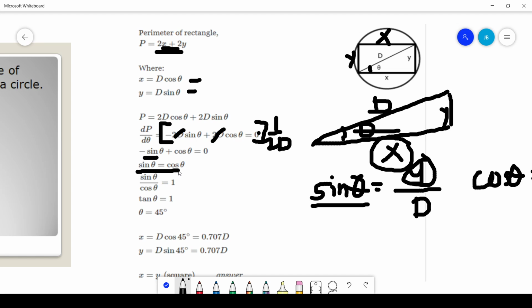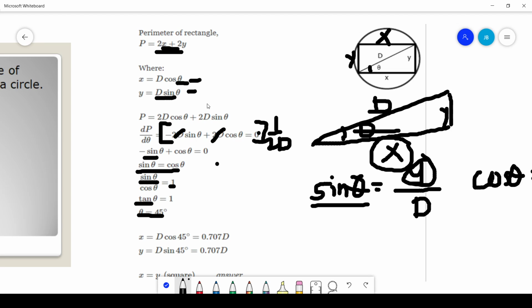Okay? So next, we divide both sides by cosine theta. Sine over cos is tan, and cos over cos is 1. So you will have an angle which is 45 degrees. Then you simply substitute 45 degrees back into X and Y. So that's D cosine 45 and D sine 45.